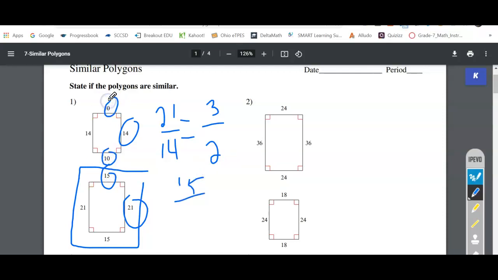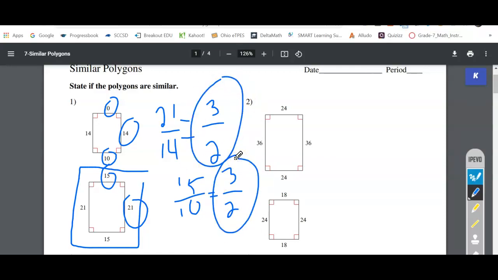I guess that would be this one, but do the same. That simplifies down to 3 over 2. So what we have here is a scale factor. This is our scale factor. And we have the same scale factor, therefore we would call these similar figures.